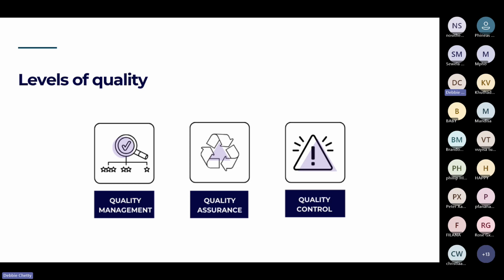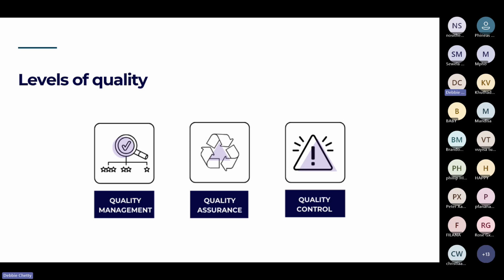And then lastly, quality control refers to the implementation of a process that is necessary to satisfy quality requirements as well. So these are the 3 levels of quality: quality management, quality assurance, and quality control. It's also explained in much greater detail in your study guide as well, right?